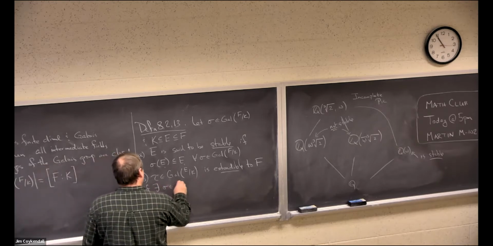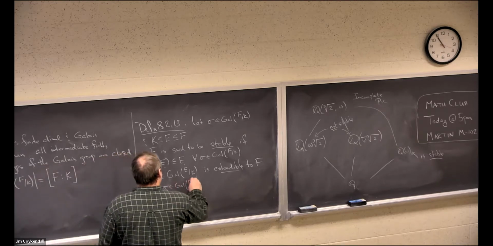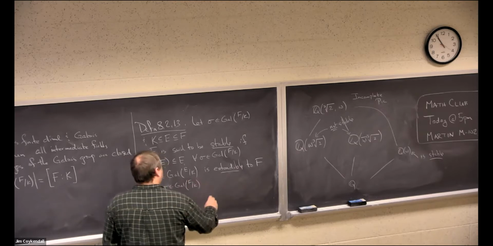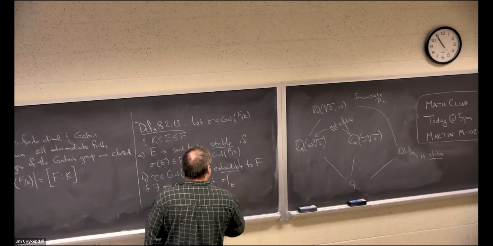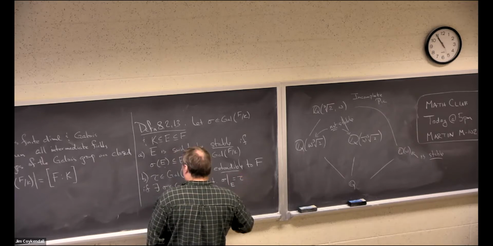There's a sigma in the Galois group of F over K such that when you restrict sigma down to the subfield E, you get tau.